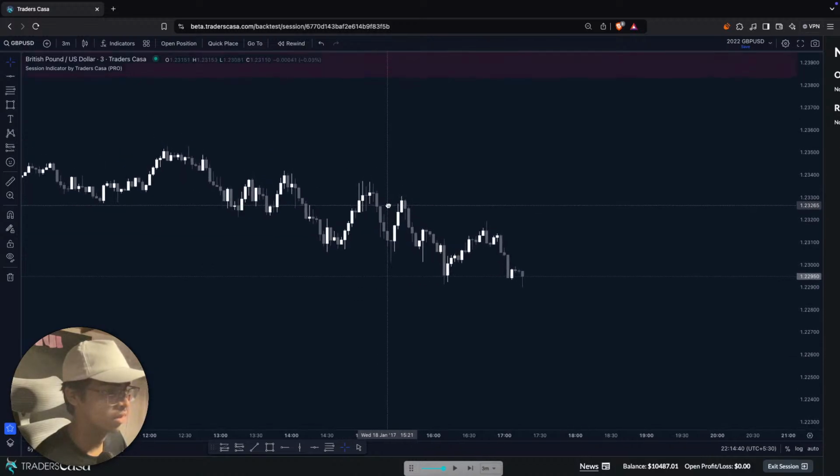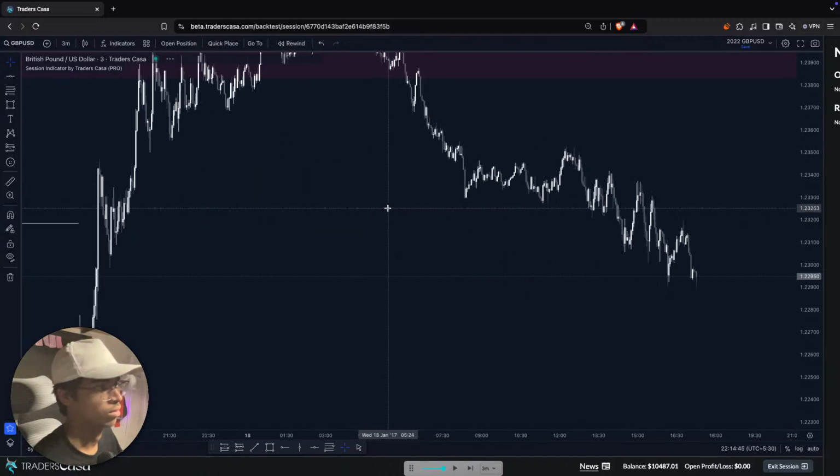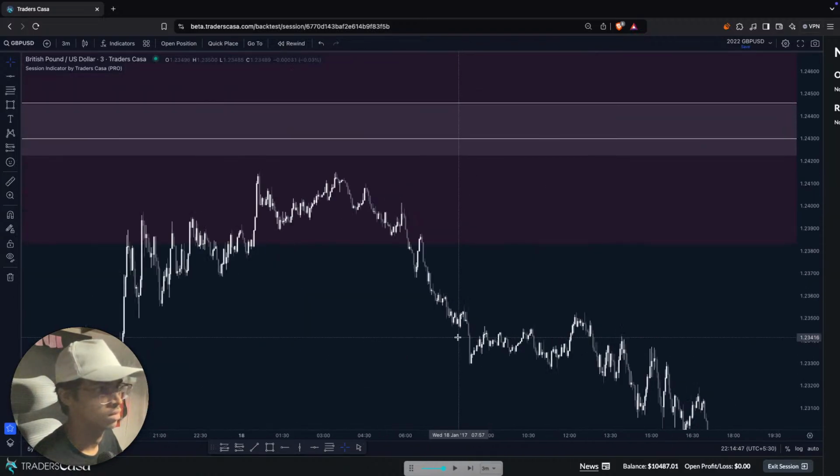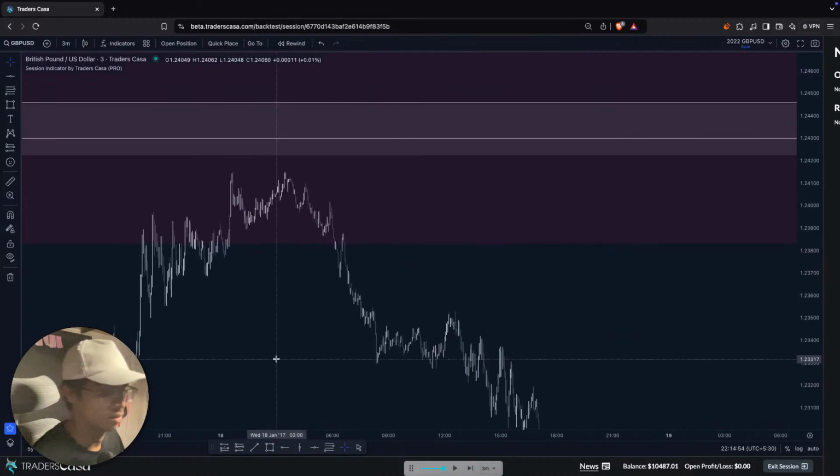Yeah, there were fair value gaps created in these downward movements, but can I take an entry at this point? No, I can't. These are the equal highs that are formed. Obviously they are going to be taken out if these are equal highs.